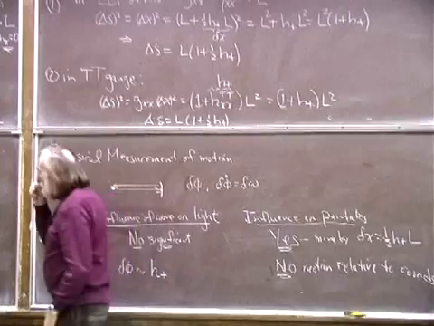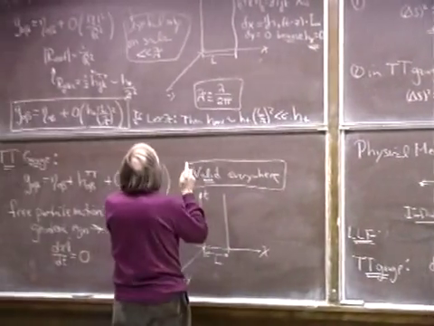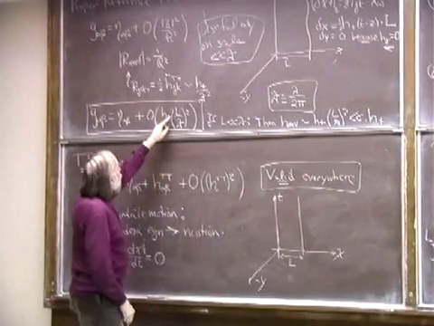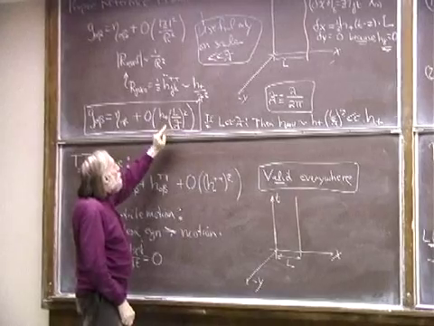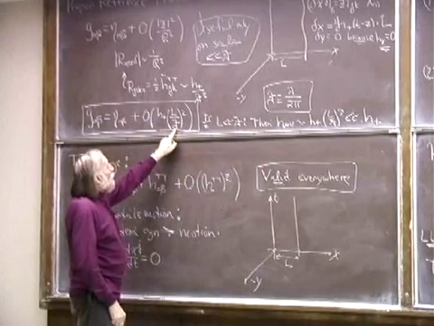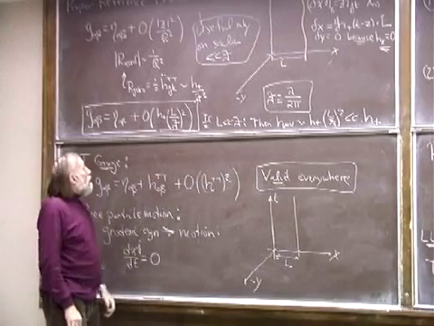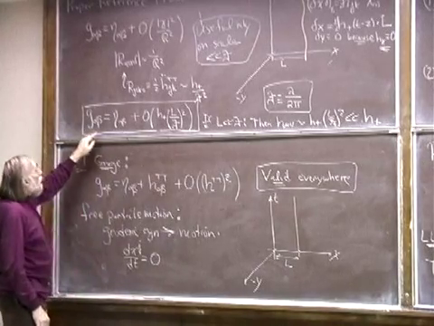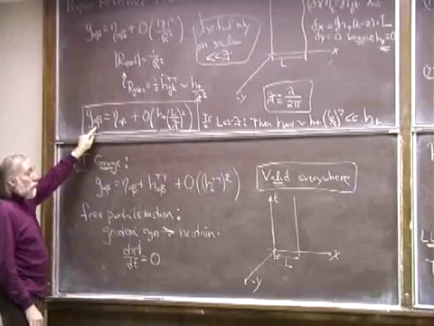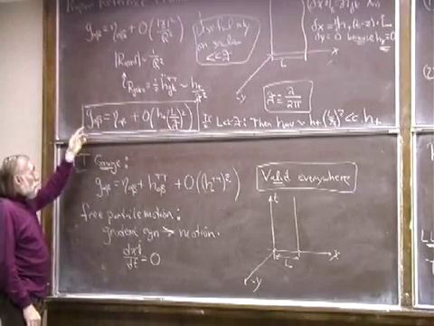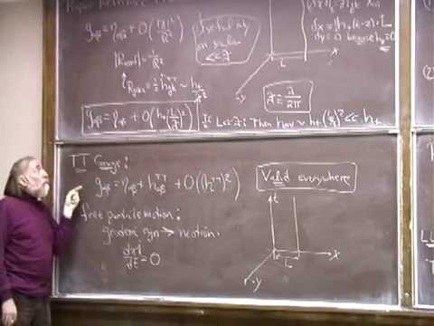When you have a separation that is comparable to or longer than a wavelength, then you can't use the proper reference frame of the observer. You can use TT gauge.